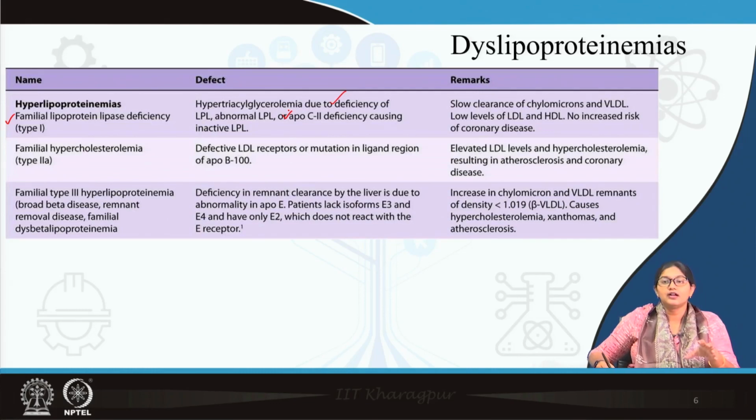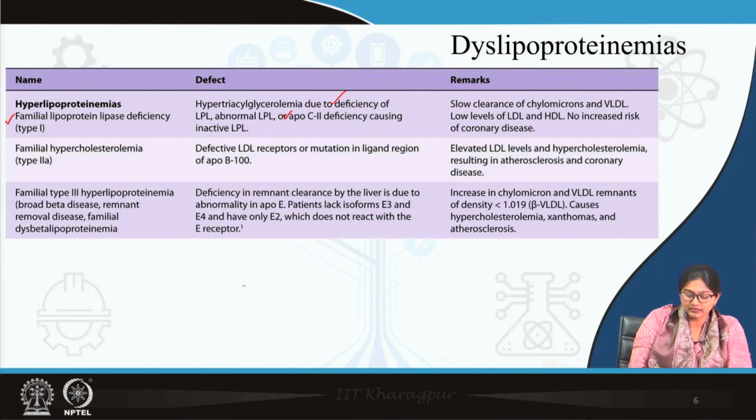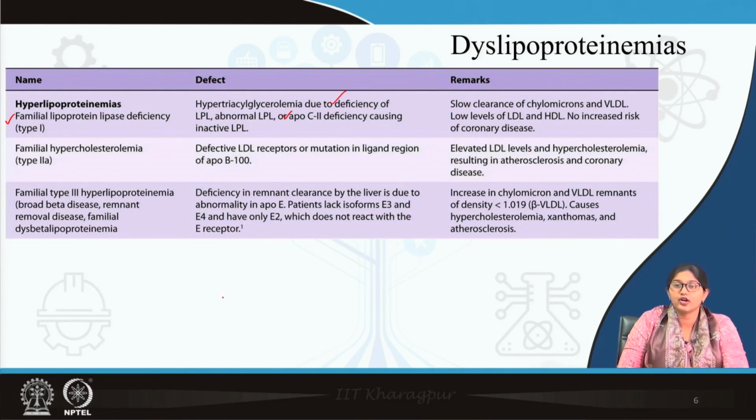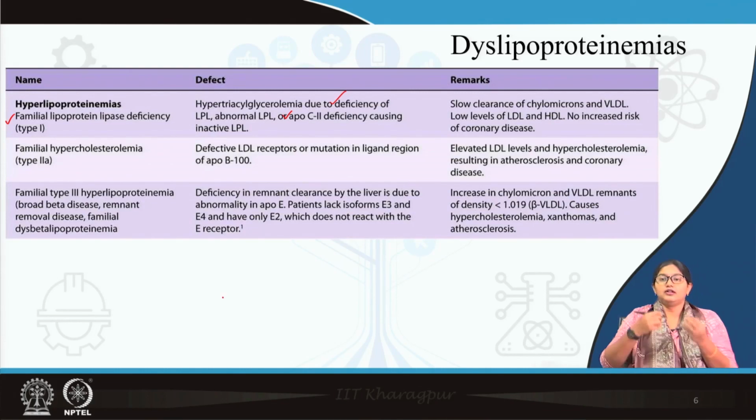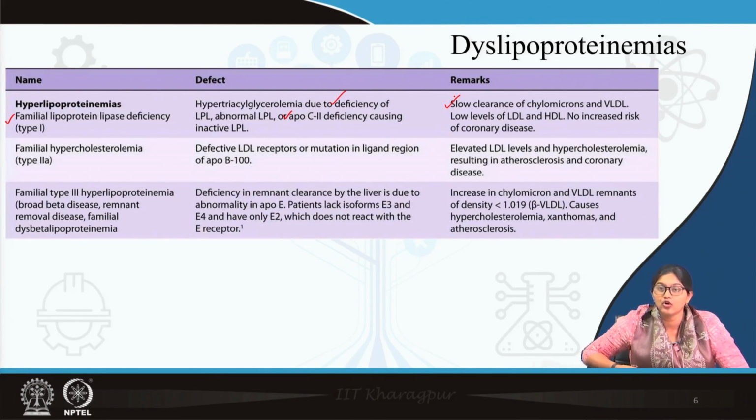Finally, there is no breakdown of circulatory triacylglycerol in chylomicron and VLDL. So, the clearance of circulating VLDL and chylomicron will be low, but it happens. So, coronary disease risk is comparatively low in this condition.